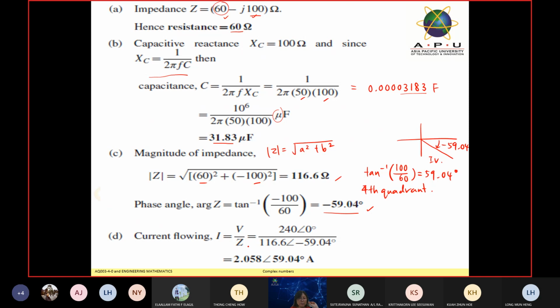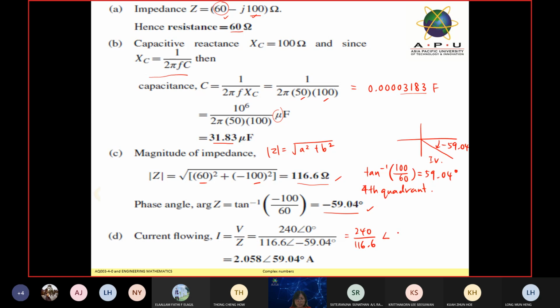For the bottom, Z, the impedance, the magnitude we found as 116.6, which is the r, and the theta is negative 59.04. Using the rules, 240 divided by 116.6.